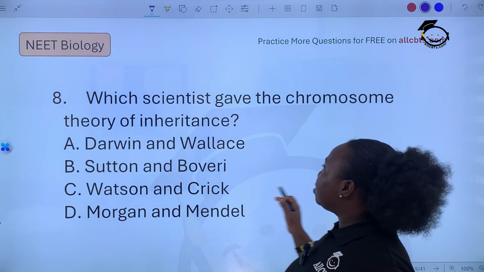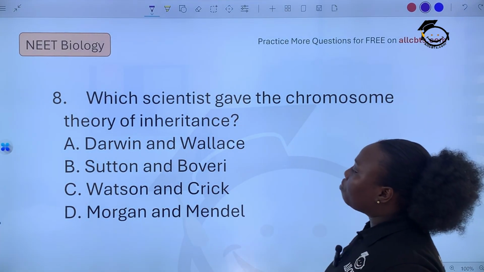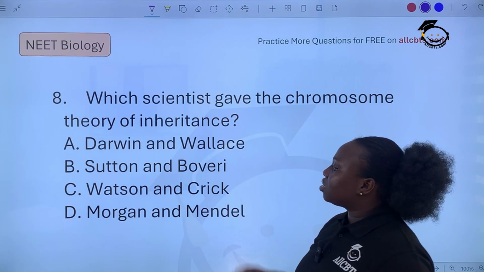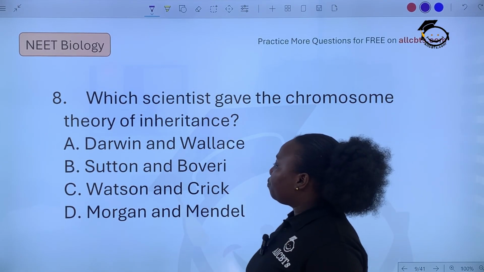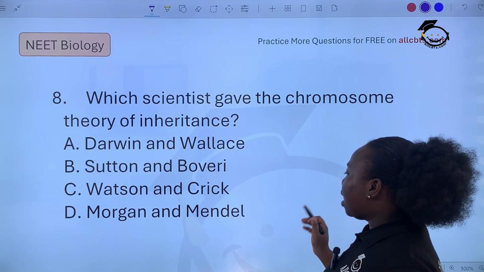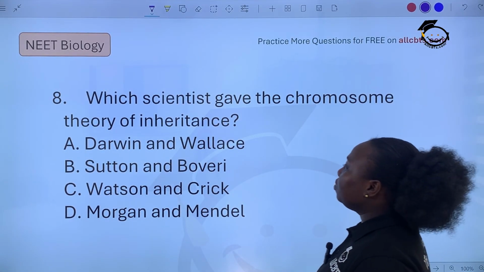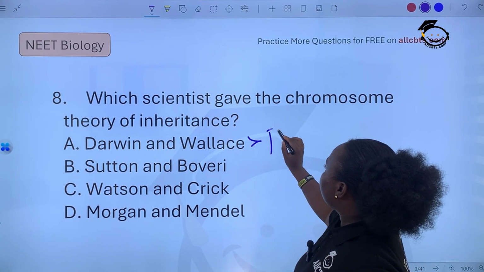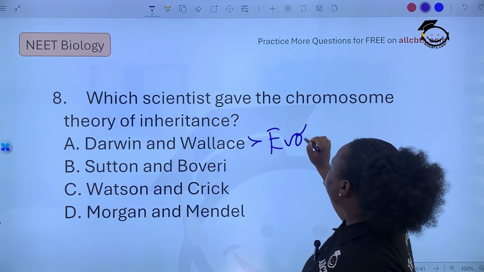Number 8, which scientist gave the chromosome theory of inheritance? A. Darwin and Wallace, B. Sutton and Boveri, C. Watson and Crick, D. Morgan and Mendel. Now Darwin and Wallace, they gave evolution.